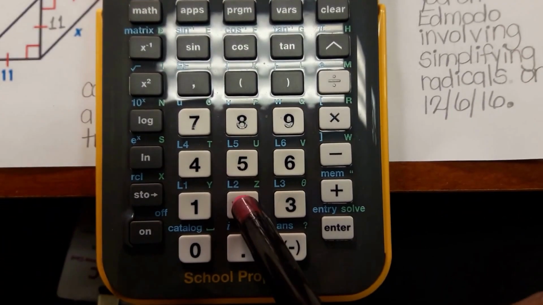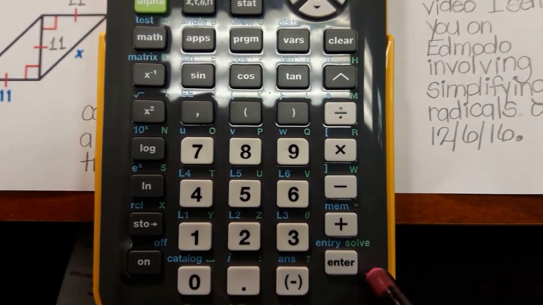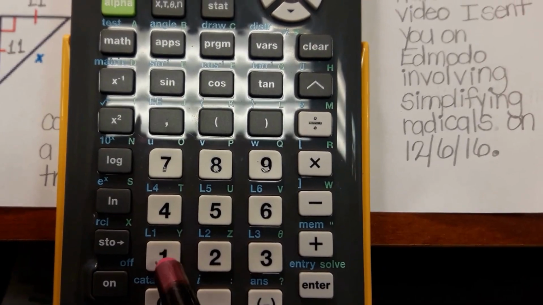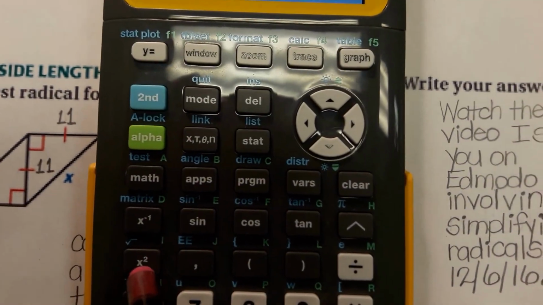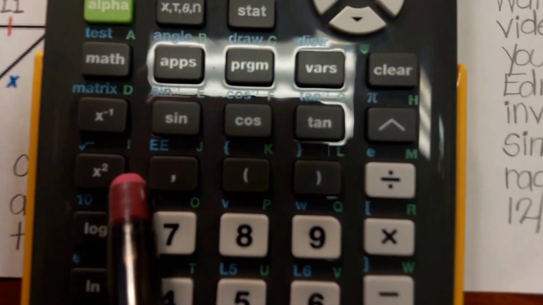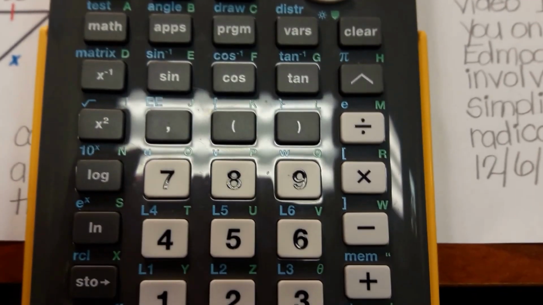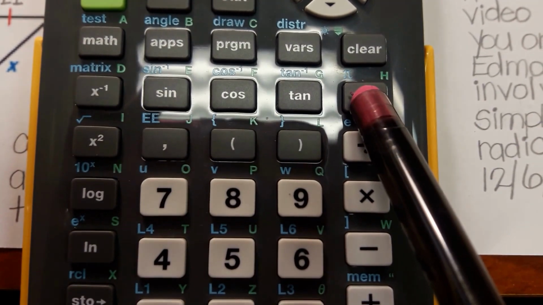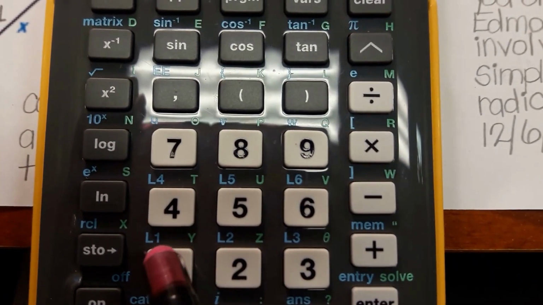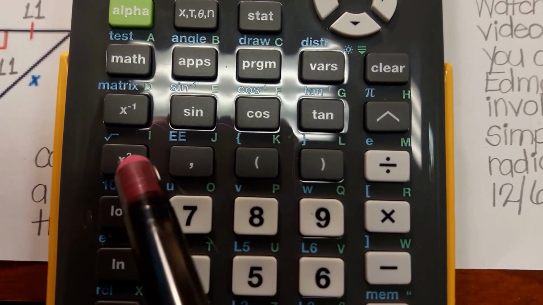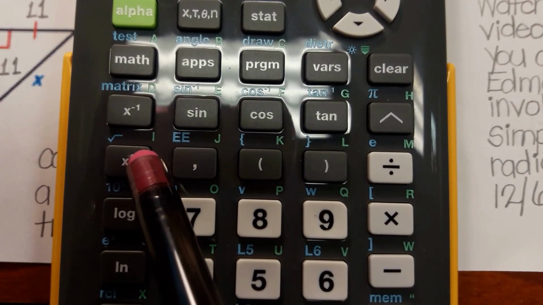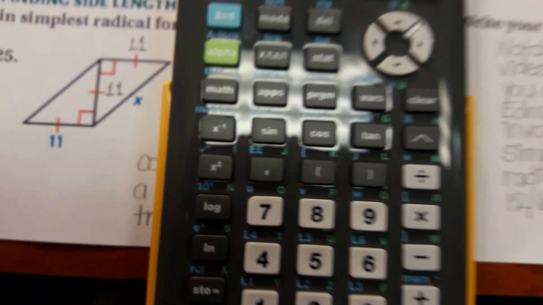And then you can say square and equal. Another way you can also do it is you can say 11 and you have an x squared feature here. So you either can say 11 raised to the second, or you say 11 and then you hit the x squared key here. Okay?